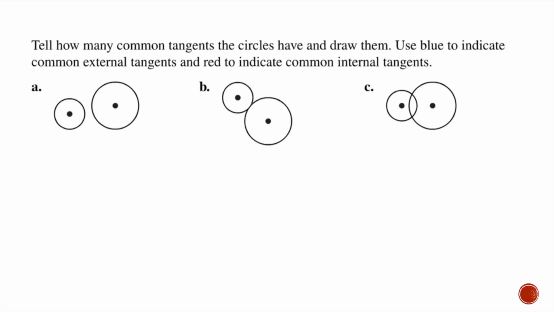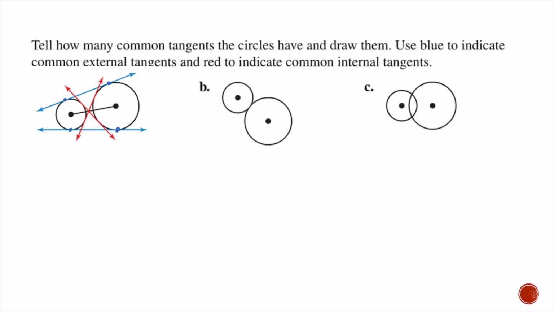Common tangents. I'm going to use blue to indicate common external tangents and red to indicate common internal tangents. Looking at A, you will see that I have my external tangents. I have a point of tangency here and there.